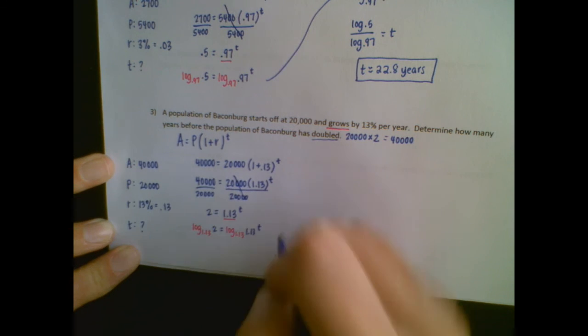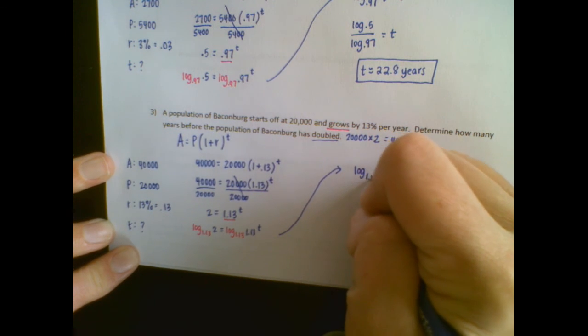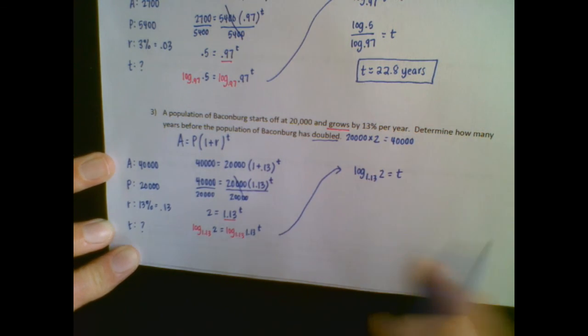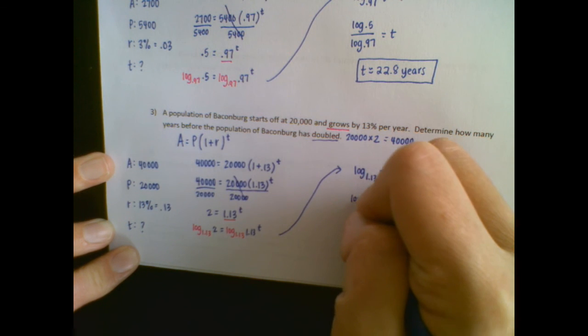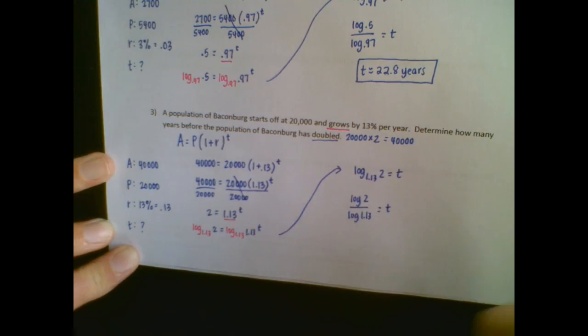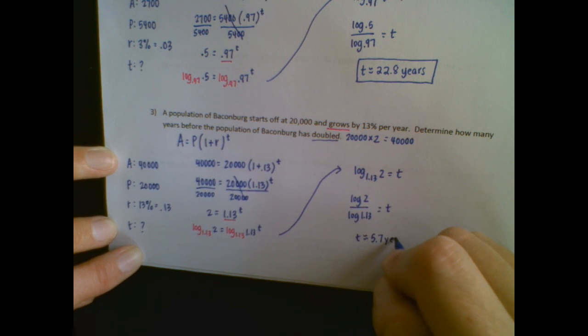We're left with t over here. I'm going to rewrite over here. So that's leaving me with log base 1.13 of 2 equal to t. I've got to use change of base again over here. So that's going to give me log of 2 divided by log of 1.13 is equal to t. And when I divide that using my calculator, that's telling me that t is approximately 5.7 years.